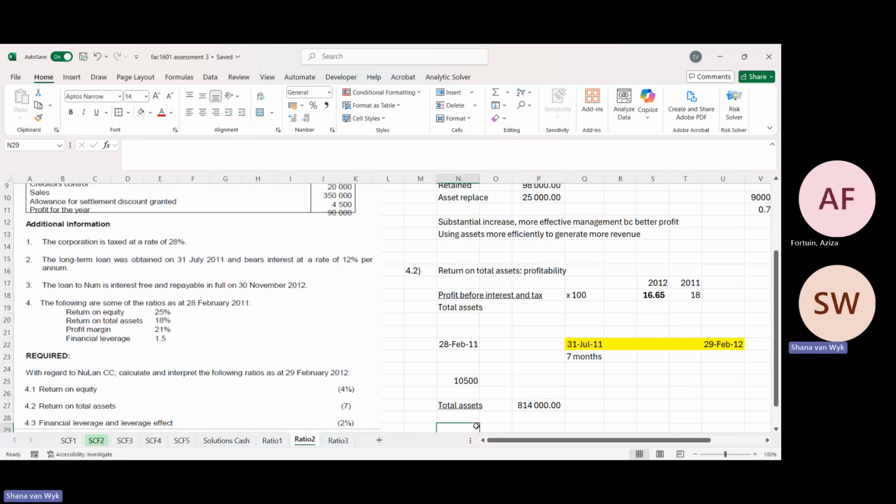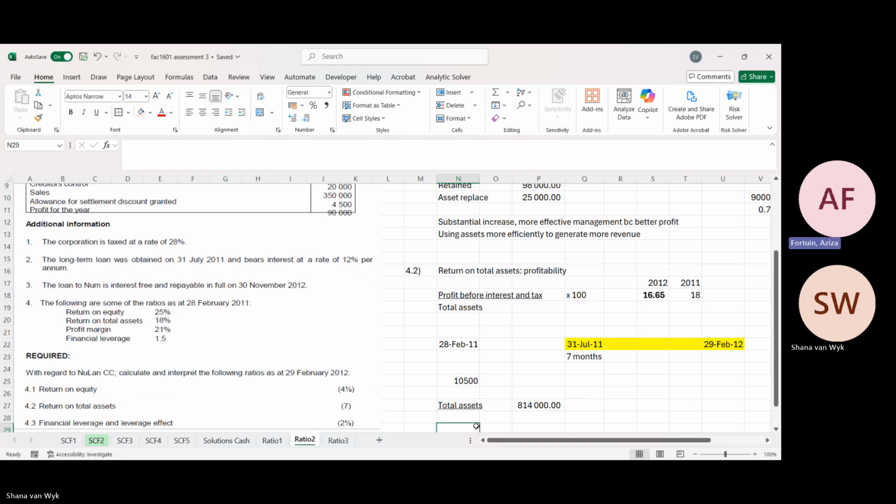So it's less than the previous year, which I guess is not good because we want more profit. But yeah, it could also mean we got more assets, so then that's good.